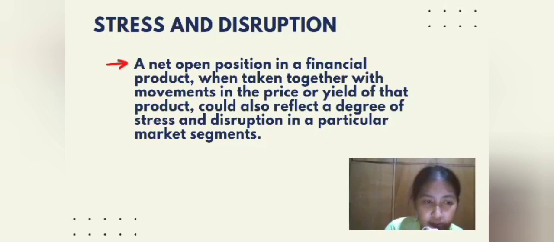Stress and disruption, for me, it is losing your job or being retrenched, or long-term unemployment, being unable to get full-time work, or inability to pay your bills, or not being able to deal with the increasing cost of living.